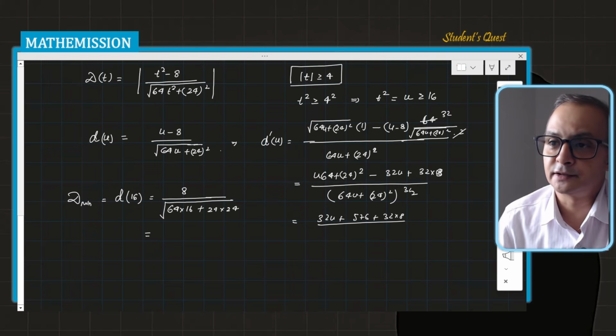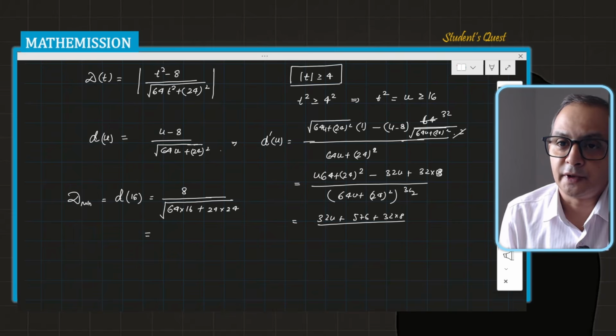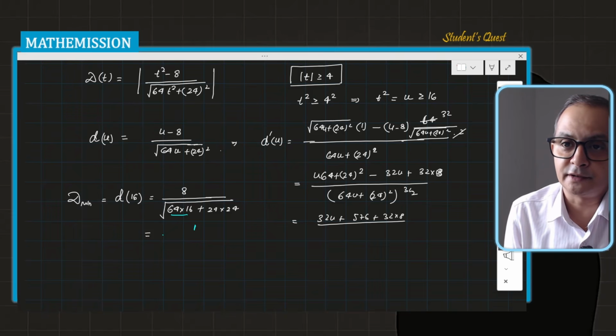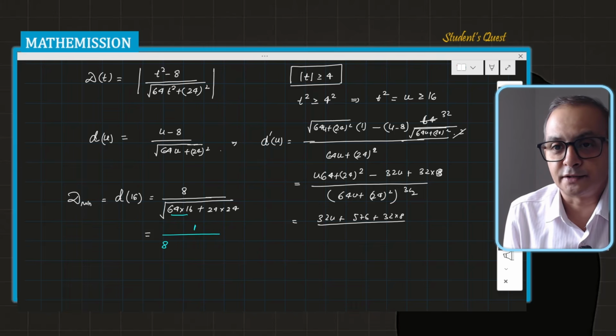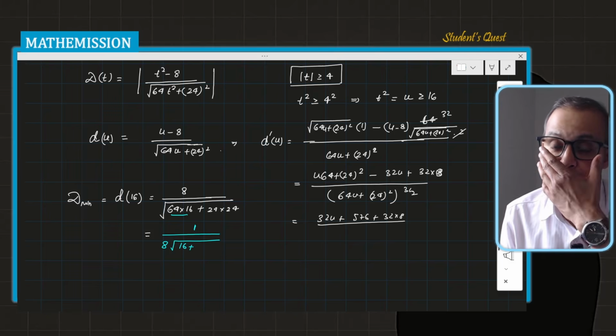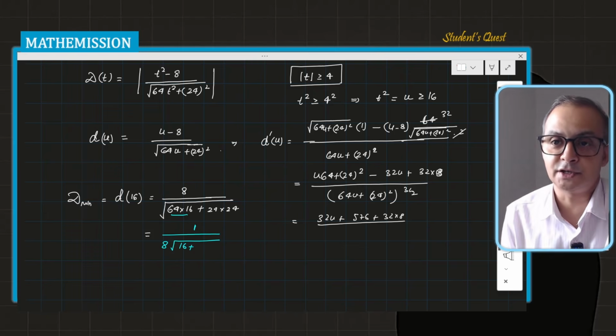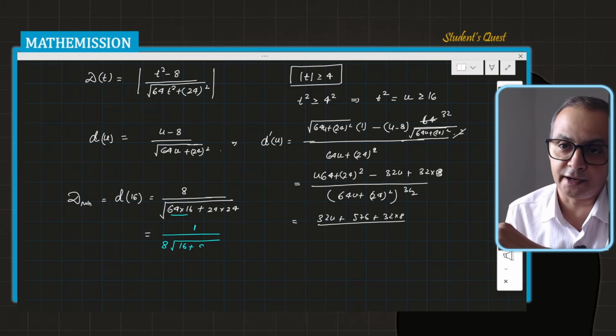What you notice there is that from each of the terms I can take 8 common and 8 will get cancelled. So I'm getting 64 out, so of course 8 is out, and therefore it will give me 16, and from each of these two terms I will take 8 and 8, so 3 and 3 remain, so 9, and this was 8 already, so this is going to be 1 by 5.